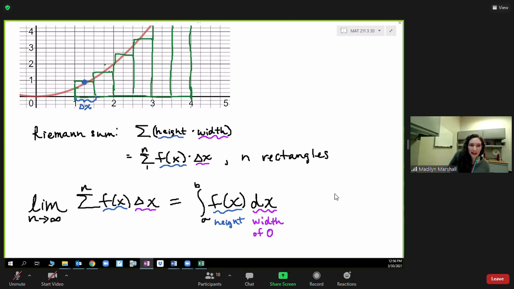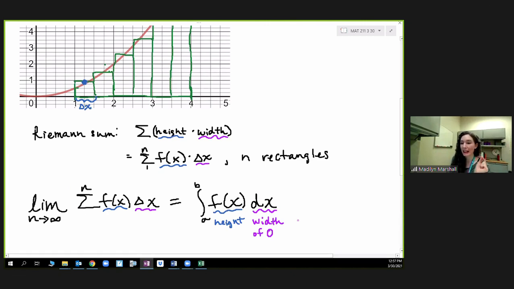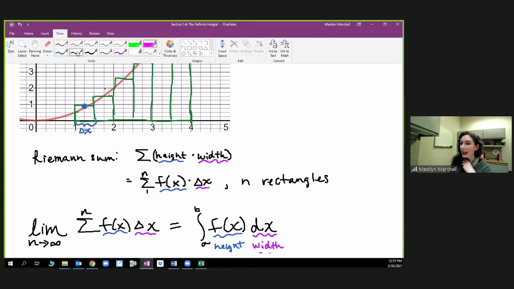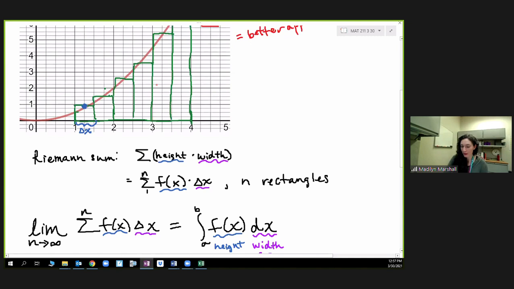So when we take the limit as we get infinitely many rectangles, all of the rectangles are getting thinner and thinner and thinner until really what's happening is that instead of adding together a bunch of rectangles, we're adding together infinitely many line segments that have no width, but when we add all of them up, we actually get a value.